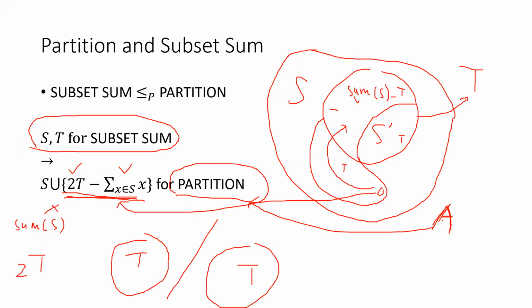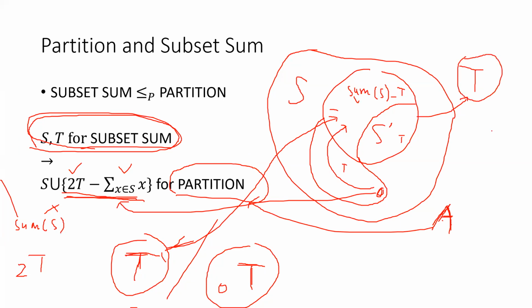So the partitioned two sets both have sum of T, and you just need to use the one without this created element. Let's say it's here. Then you just need to use this one in the original set S as the subset for this subset sum problem, and you get the target. You have a subset of sum T.